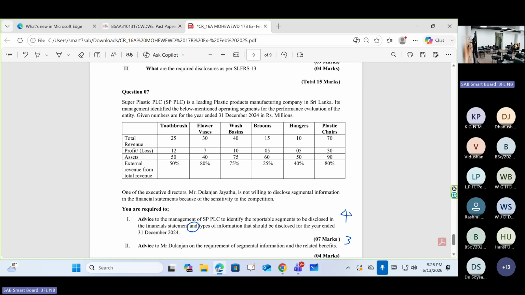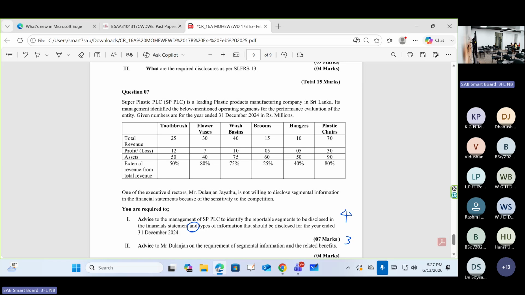Stakeholders will be confused. First, under the 75% criteria, we are getting 3 and 4.